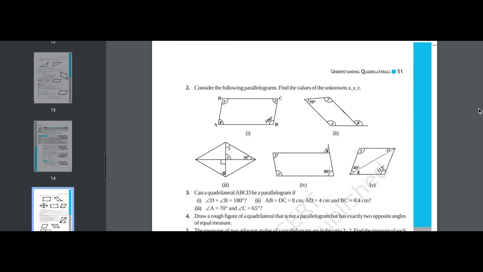As we know, in a parallelogram each side is parallel to the opposite side, and opposite angles are equal. So if there is a 30 on one side, then there should be 30 on the opposite side as well.